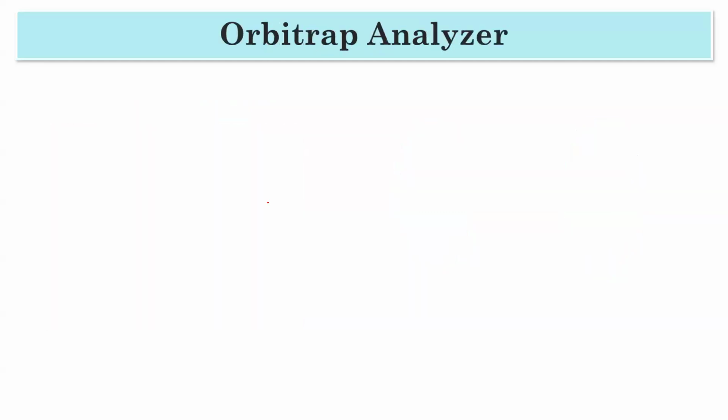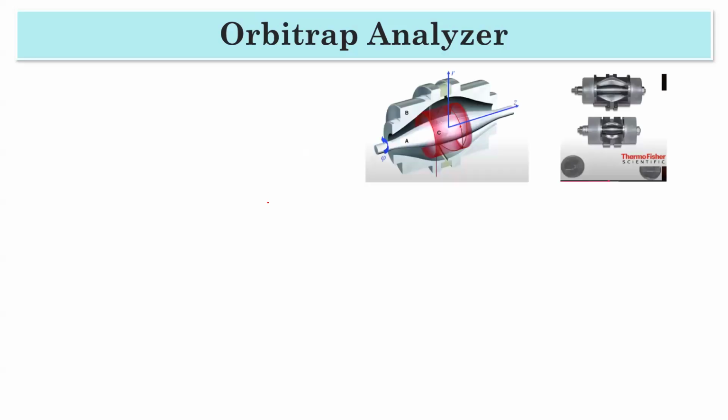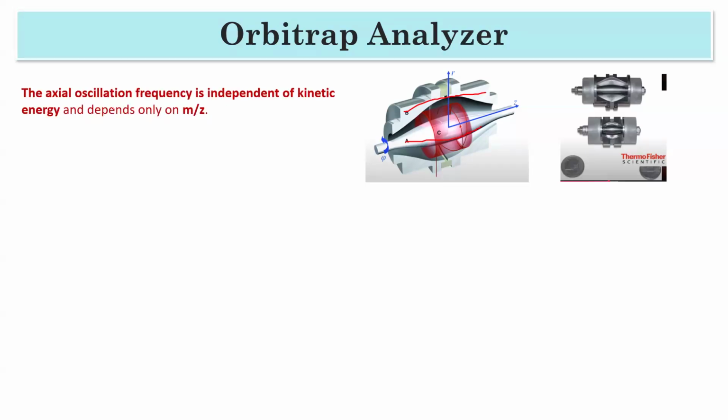So there is another one, the Orbitrap. It's almost similar, but not quite, to the Kingdon trap. In this, you have two electrodes.